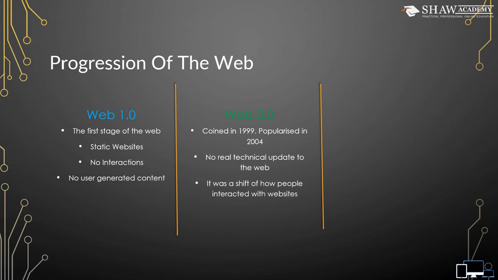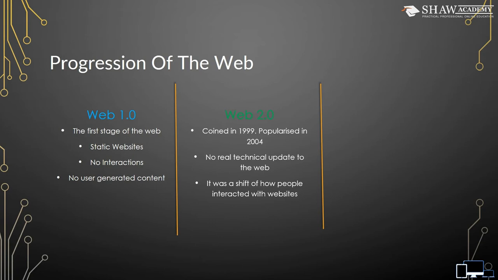So as the underlying technologies got better, as infrastructure got better, as phone lines got better, as we're able to do far more with the web, well then we start seeing different approaches to the web. We start seeing the early stages of MySpace. You had a whole bunch of social media platforms and you had forums, a lot of forums becoming extremely popular.